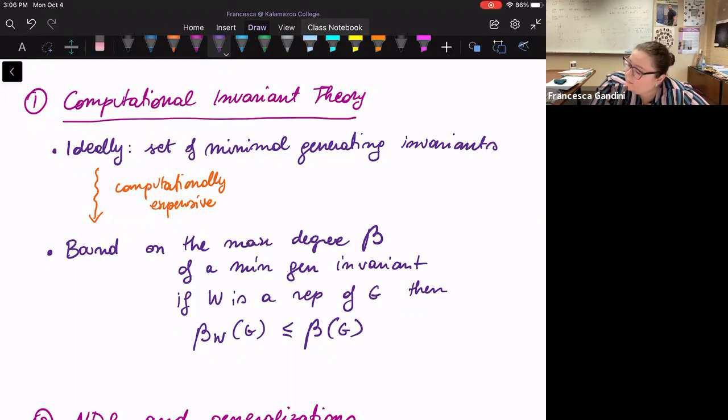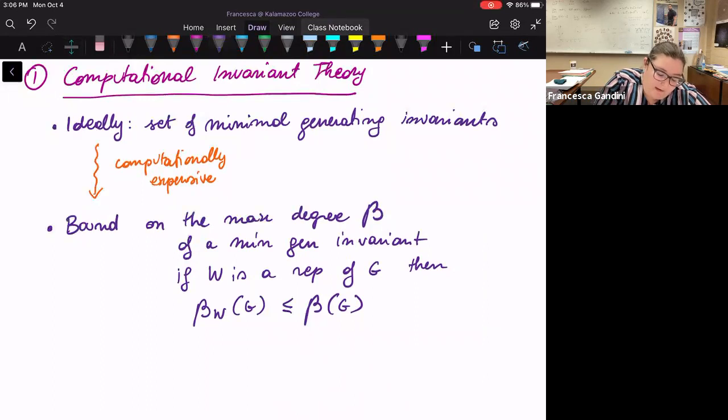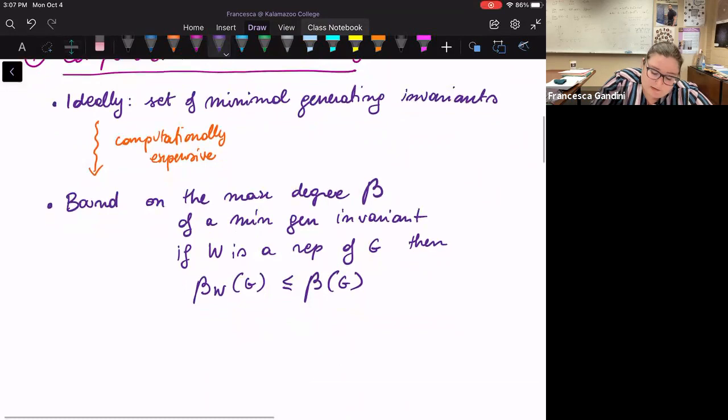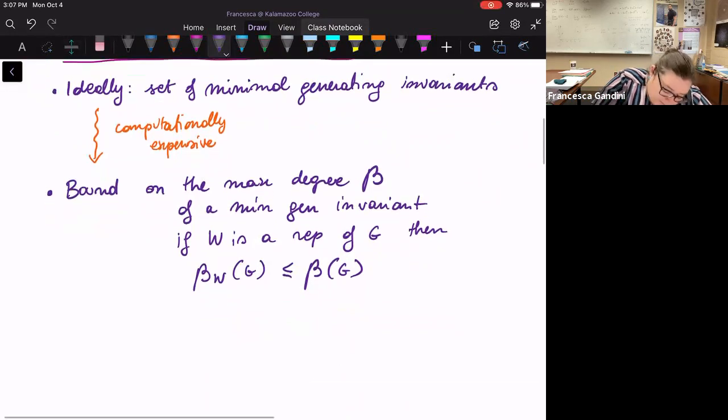And for infinite groups, really there is kind of no hope on this. There is no global bound, and I think Derksen has a few results on this. But for finite groups, we actually are in luck from the work of Noether.